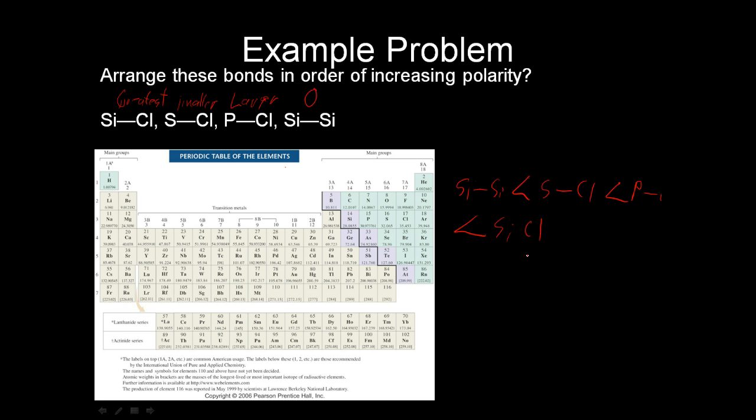And so that would be the order of electronegativities. Actually, let me just put this in the next aisle. So phosphorus, what did I say? Phosphorus and chlorine. So this would be the order, arranging these bond types in order of increasing polarity.